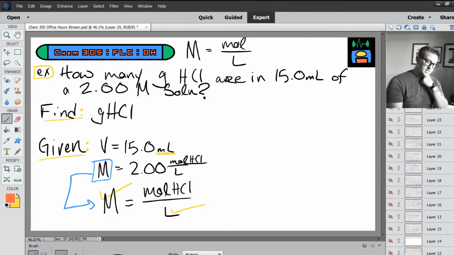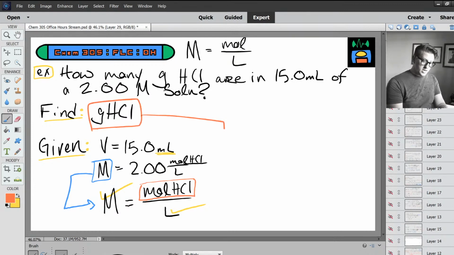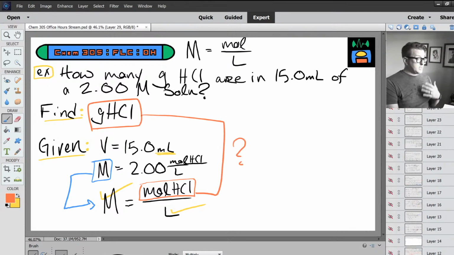And the question is, would we know how to connect moles of HCl to what we're trying to find? Do we know how to convert from grams to moles? The answer is yes, we totally do. We can convert from grams to moles using a molecular mass. So first step, let's find the moles of HCl. Second step, let's convert those moles to grams.